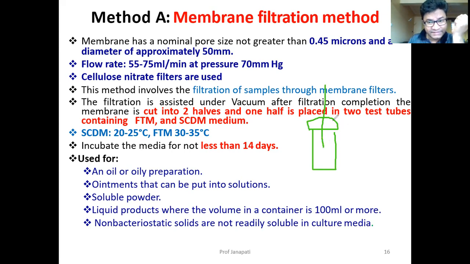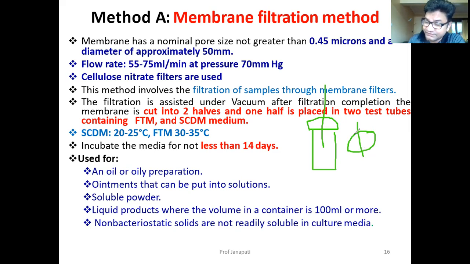Now you take this filter paper, cut it into 2 and place it in fluid thioglycolate medium or soybean casein digest medium, any of the media, and check whether the microorganisms are grown or not.